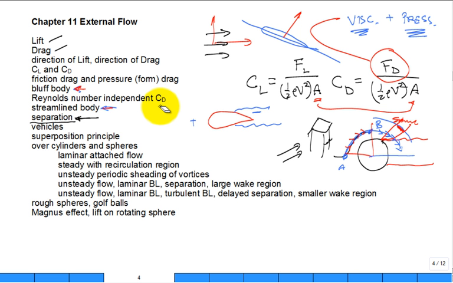I know that when I took fluids, it's like, why do they only quote one number for C sub D? I learned that C sub D is a function of Reynolds number. But after a while, that C sub D settles down and goes flat as a function of Reynolds number. And in this region, it's independent of the Reynolds number. It's just a single drag coefficient.